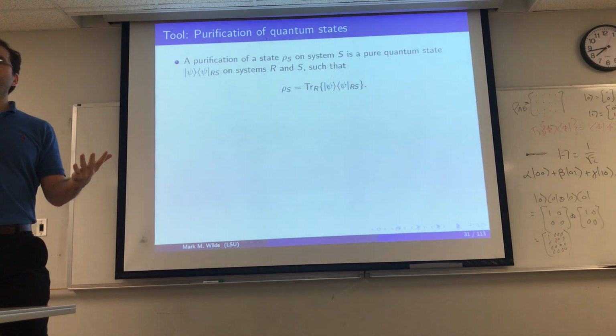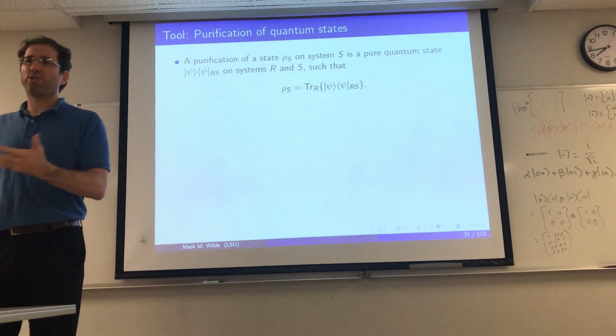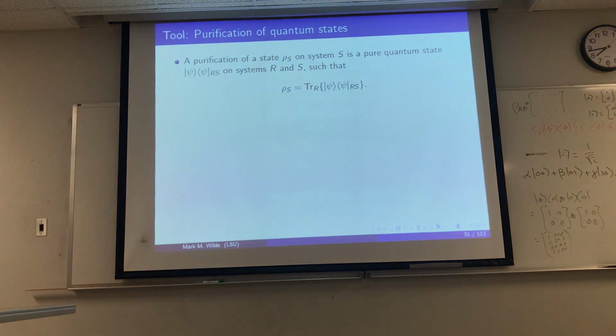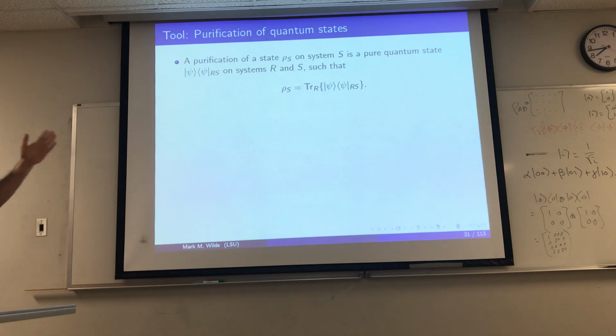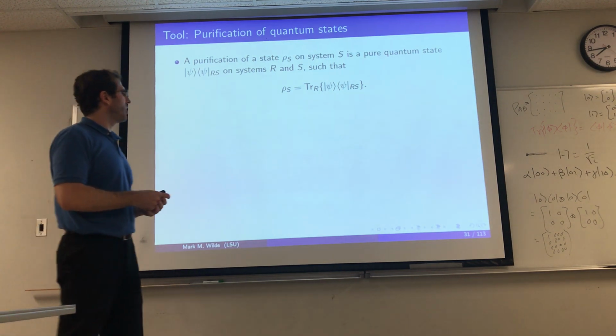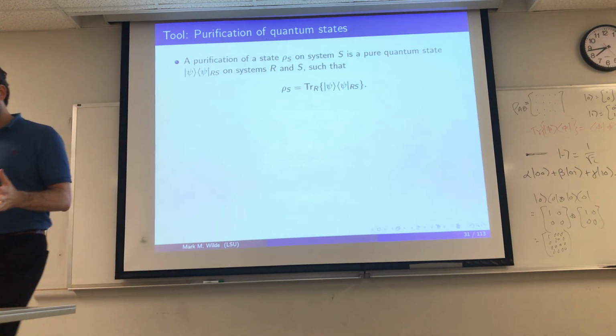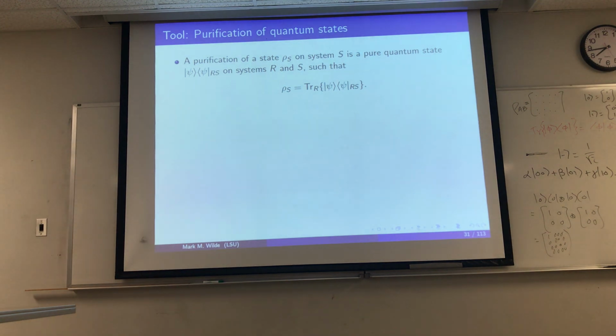When you trace out, when you marginalize those deterministic states, you get a deterministic state. If it's 0 0 and you discard Bob's bit, you get 0. If you have 0 1, you discard 1, you get 0. So you cannot do this classically. So that's a distinct separation between classical and quantum.